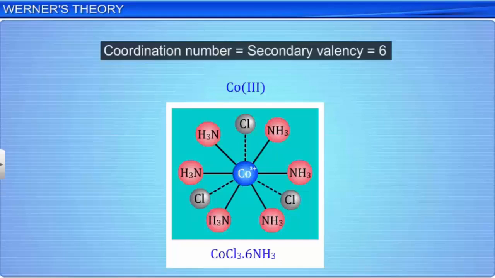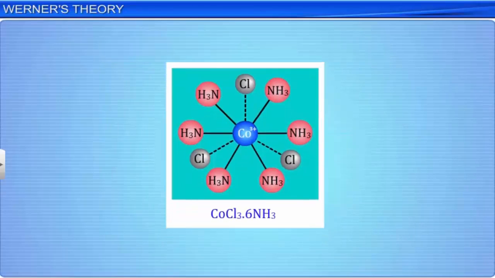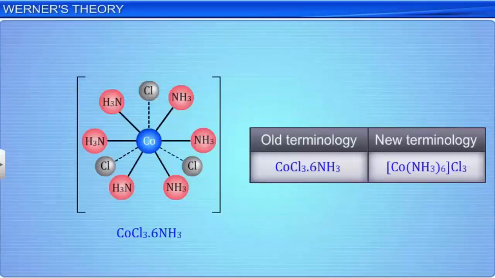As you can see, the primary valencies are represented by dotted lines and the secondary valencies by thick lines. In modern terms, the complex is written as [Co(NH3)6]Cl3.